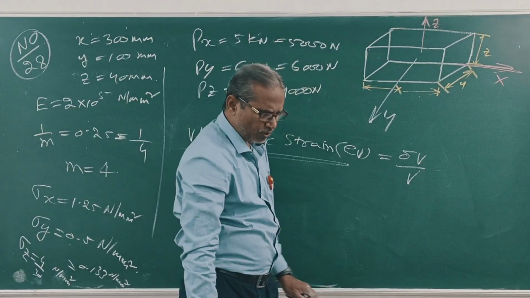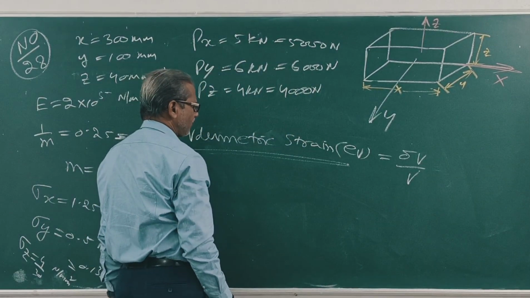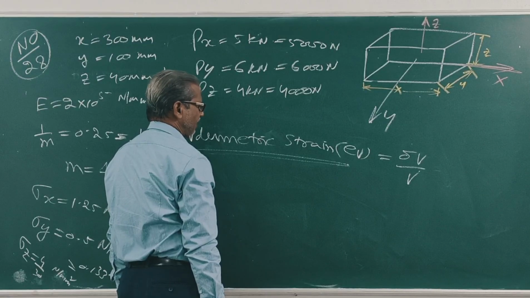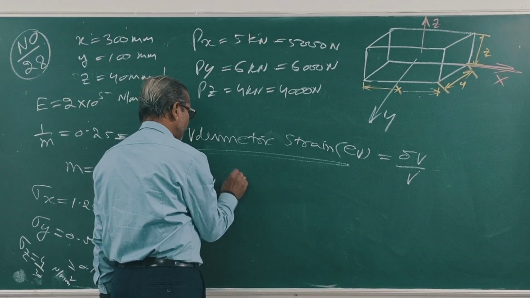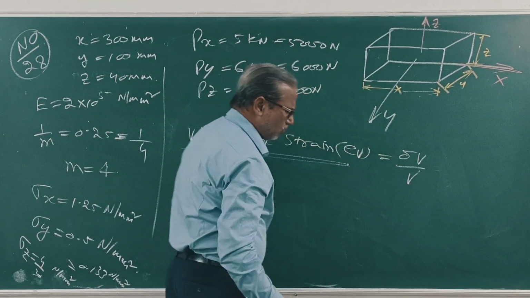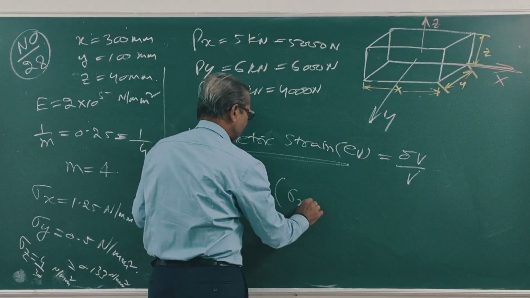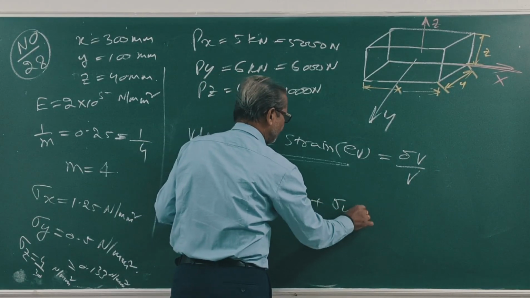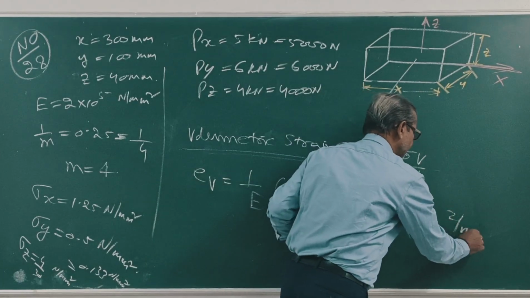Now delta V is equal to EV into V. So first find out what is delta V. What is EV? EV is equal to 1 by E into sigma x plus sigma y plus sigma z into 1 minus 2 by m.